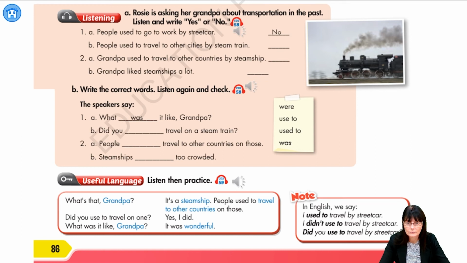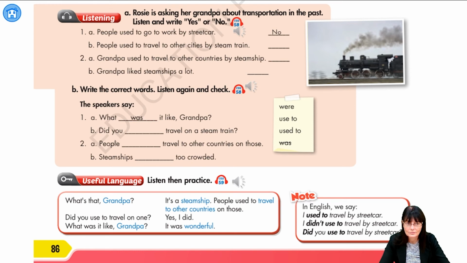Wow, Grandpa! You have so many nice photos. Oh, what's that, Grandpa? It's a streetcar. People used to travel around the city on those. Cool! Did you used to travel on one? Yes, I did. What was it like, Grandpa? It was cheap but slow, Rosie.